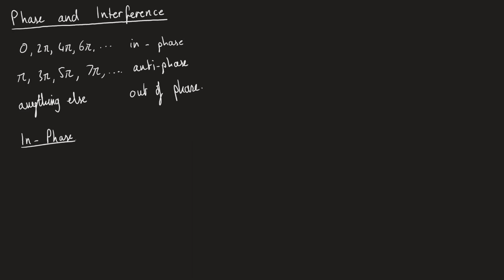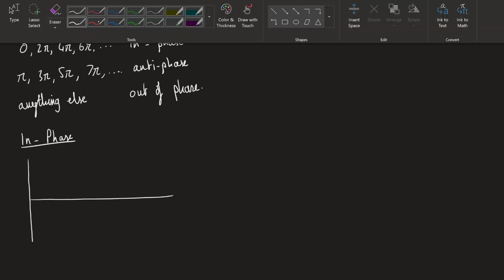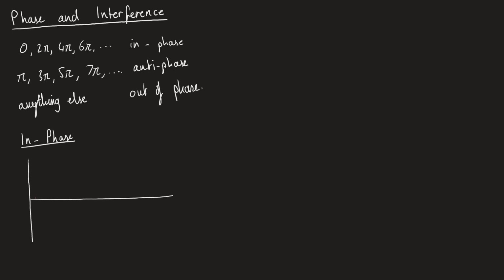What that means is if I set up some axes, just to allow us to see the kind of thing that's happening, I'm going to draw the first wave in red, and the first wave is going to be a sine wave, and my second wave is going to be in blue.